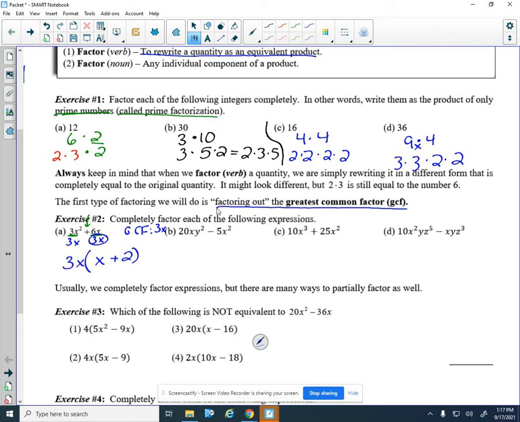So I will look again and see if there's any more factoring I can do, or if there's anything else that's in common in this binomial, but there isn't. So that's completely factored. And the process I did up here where I was factoring numbers is the same verb, or factor, or break down into a product, as what we did with the variables.